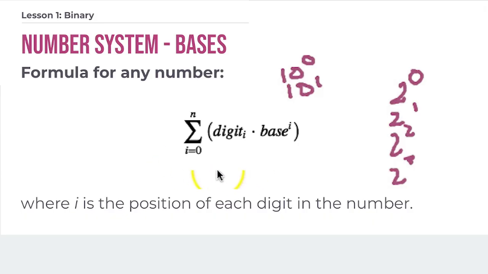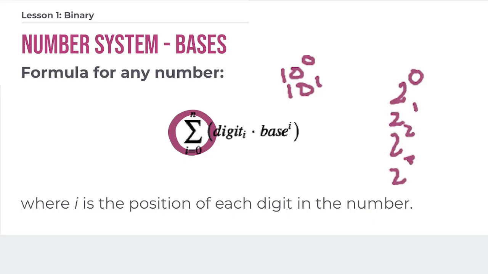That is all that means. So as i increases by 1 and the base, you have to know what the base is. You have to know, are you in base 2 or are you in base 10? But basically, every time you add a place value, you are going to add up all the place values that you have to get the value of the number. Okay, so again, like the number that we did, 347, something like that.